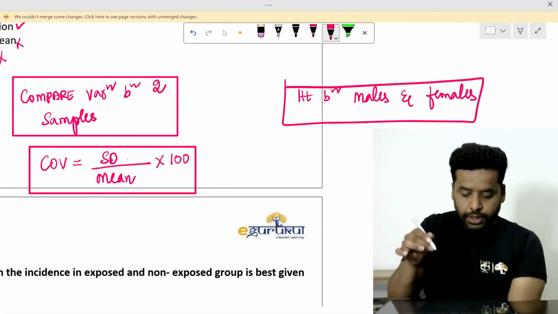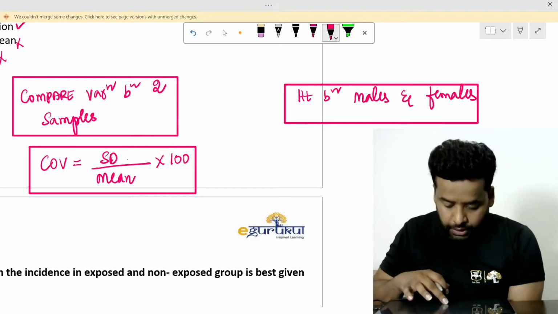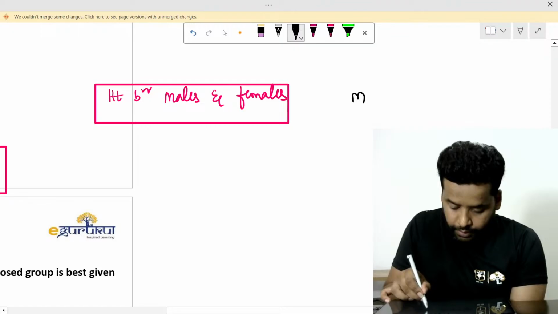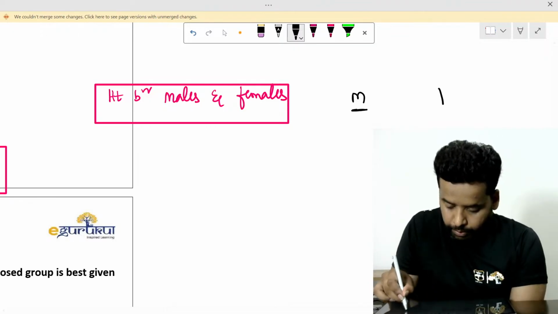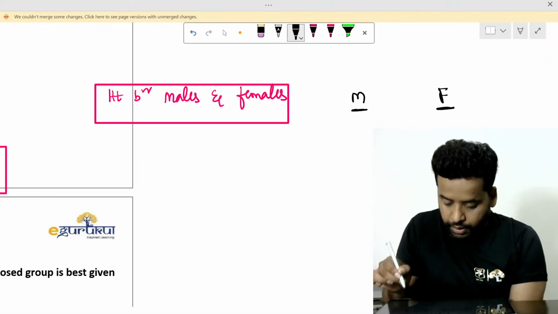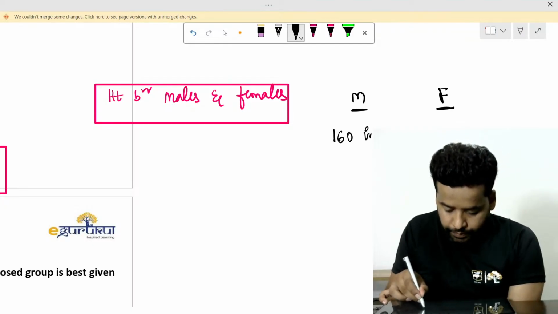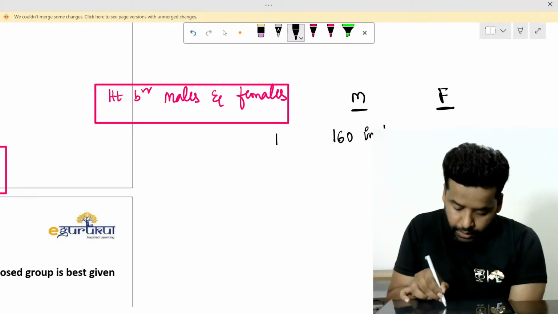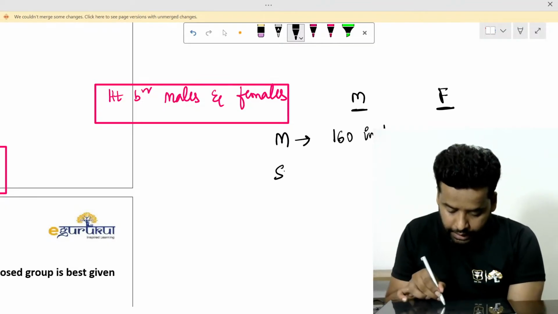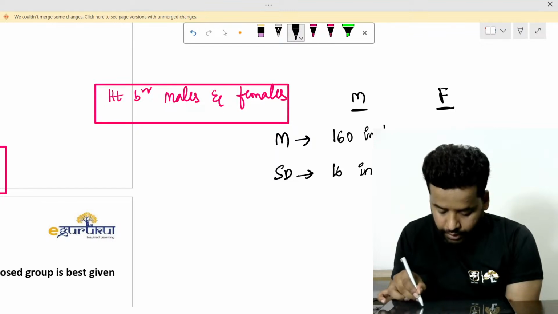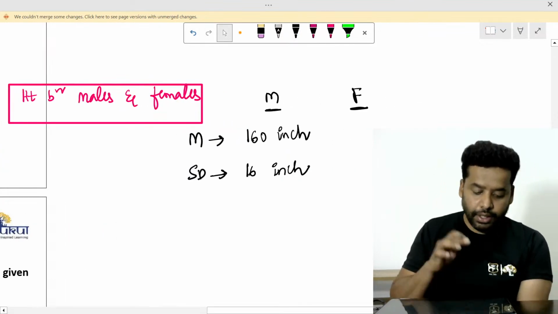See the words properly. One side we have males, the other side we have females. One side they are giving in inches, 160 inch mean. Standard deviation is 16 inch.